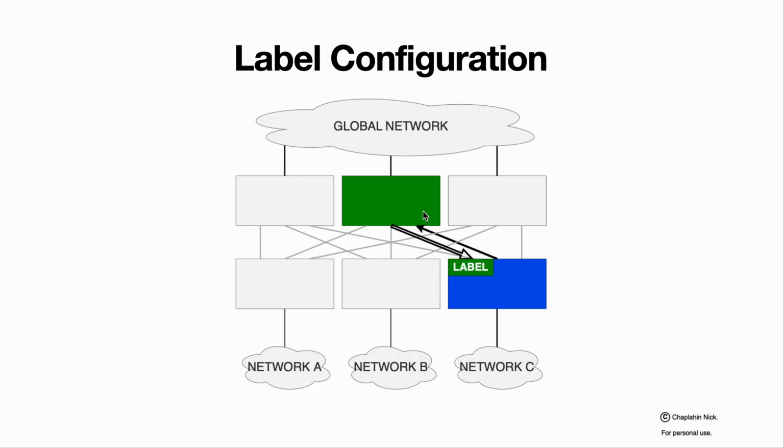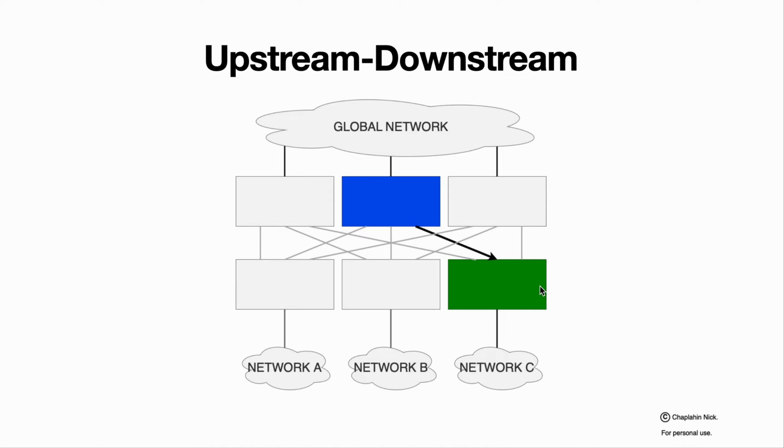So in this pair, downstream device tells for FEC 1 label should be 1, for FEC 2 label should be 2, for FEC 3 label should be 3. In this pair, for same FEC 1, this device can define different label, because label 1, for example, will be already used somewhere.